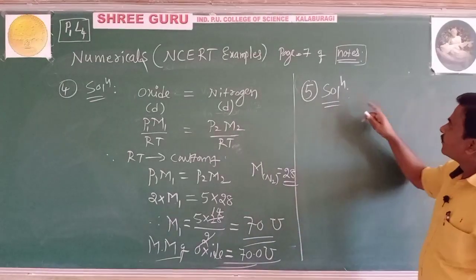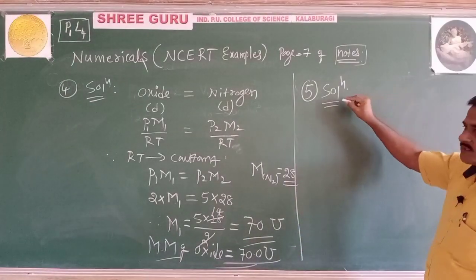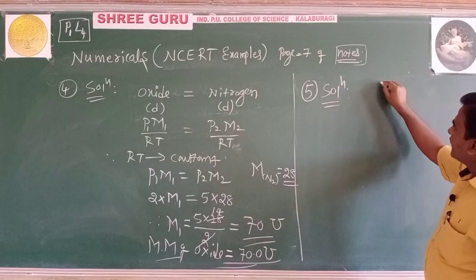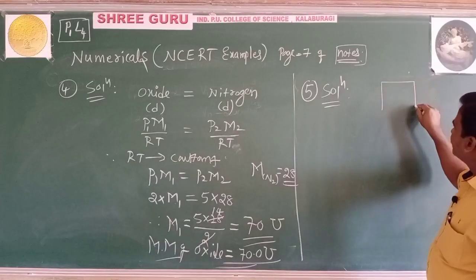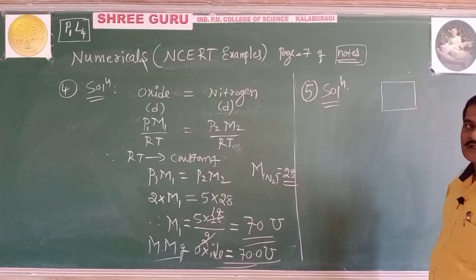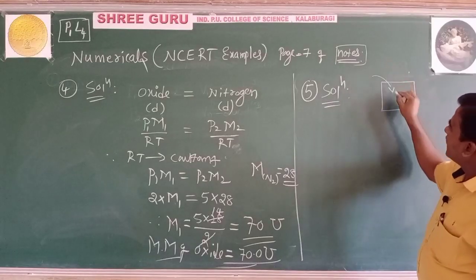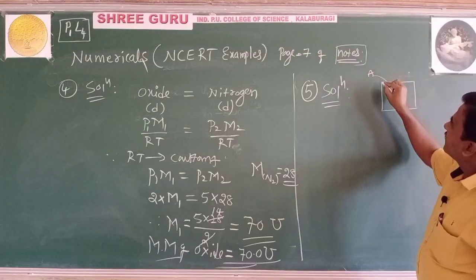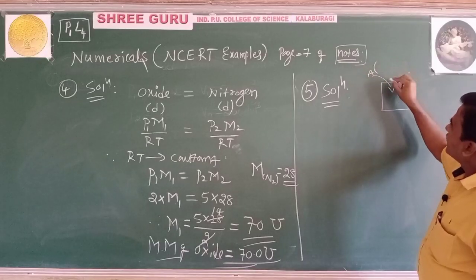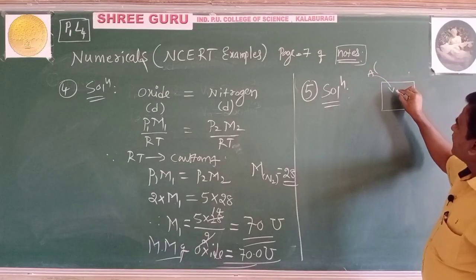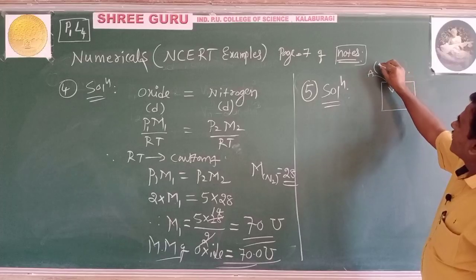I can give you a rough explanation. There is a container, inside this is gas A, whose pressure is found to be 2 bar.